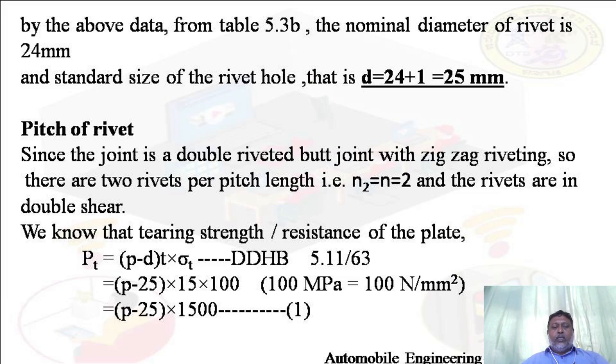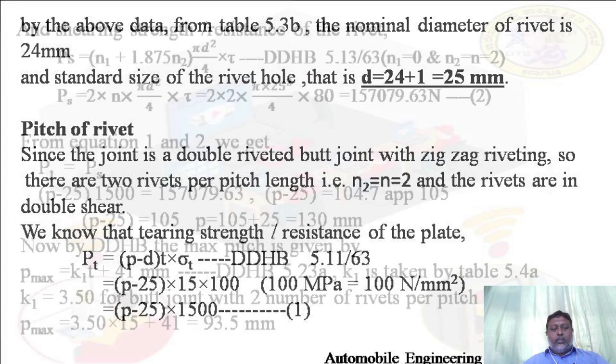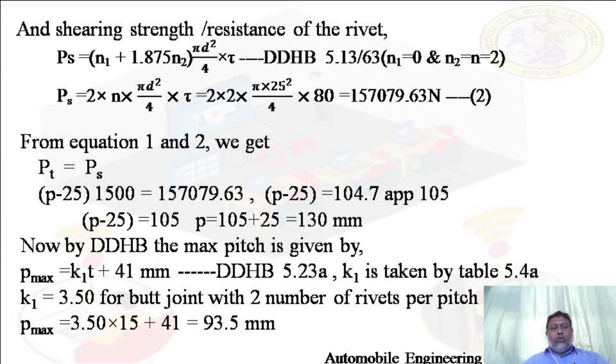So we will begin with the tearing and shearing stresses. With the help of these stresses, we calculate the strength by the help of equations 5.11 and 5.13. Then compare the strength to get the value of the pitch. The tearing strength is given by (P minus 25) into 15 into 100, that is (P minus 25) 1500, and similarly the shear strength is given by 2, since double shear is there, into N, which is 2, therefore the value is 157,079.63 Newton.